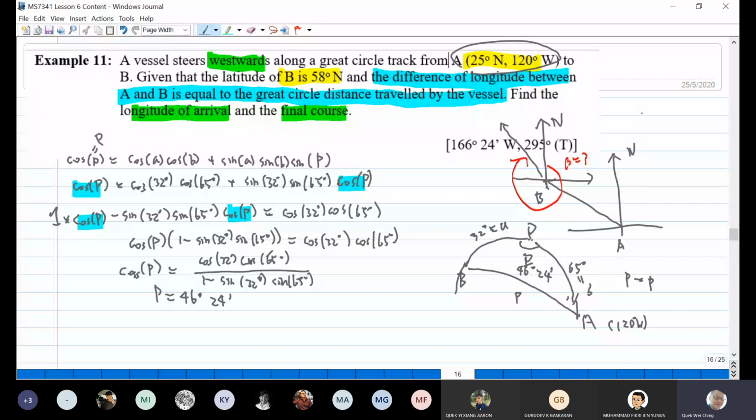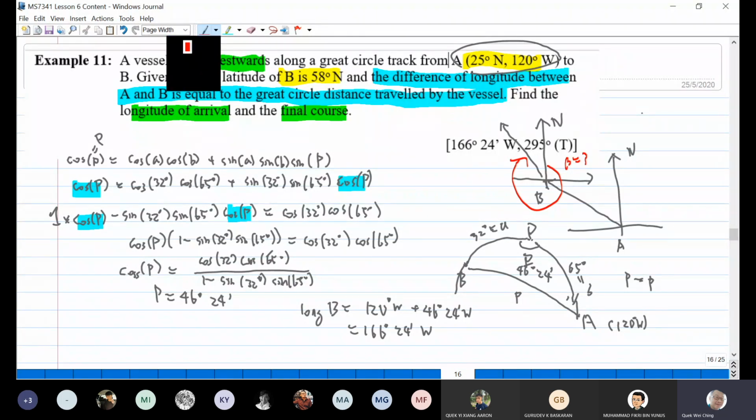It's starting from 120 west. You get another 46 degrees 24 minutes west, westward, right? You go to the west. So that's why you get 166 degrees 24 minutes west. So this is the longitude of B, because you're going in the west direction. The more you go west, the angle keeps on increasing.